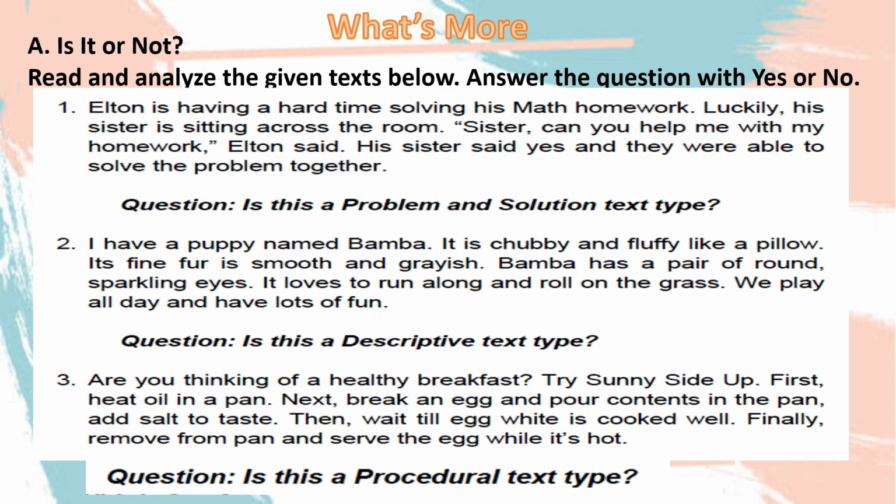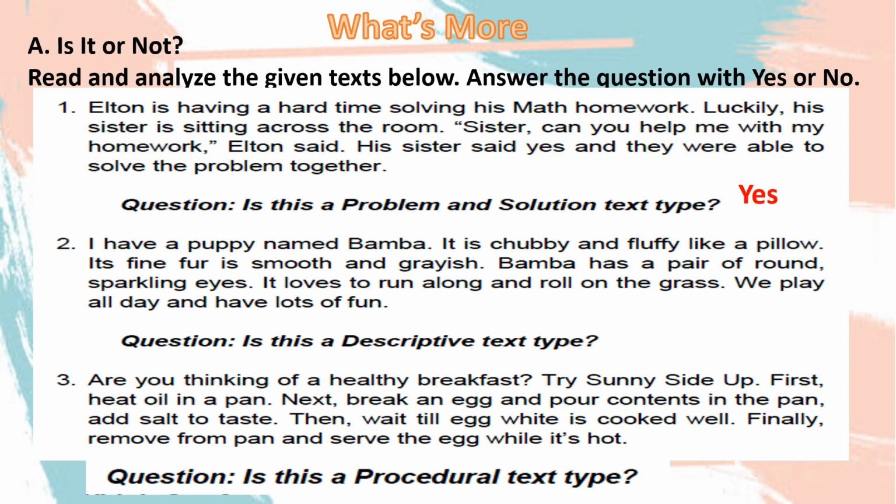His sister said yes, and they were able to solve the problem together. Question: is this a problem and solution text type? Correct. It's yes, because Elton was helped by his sister.